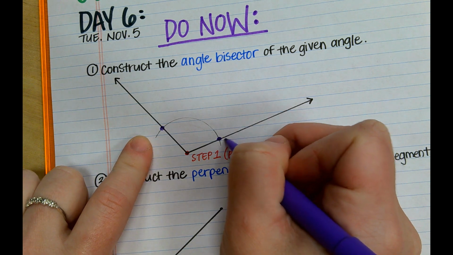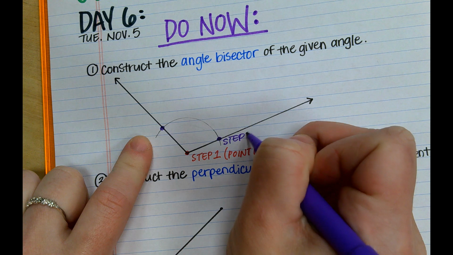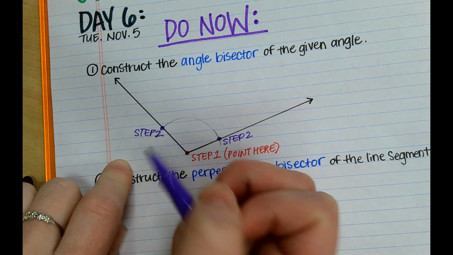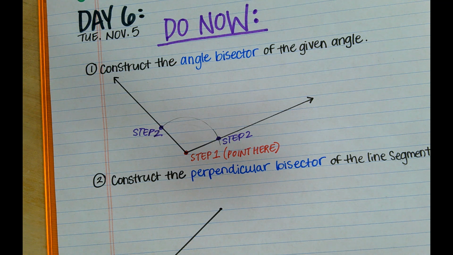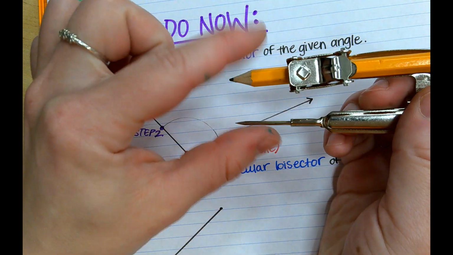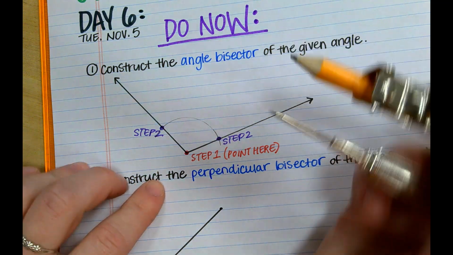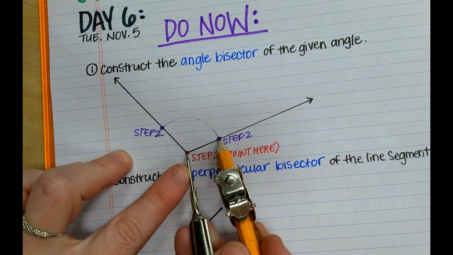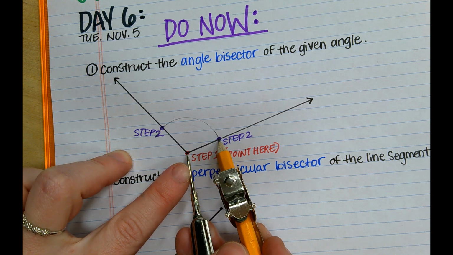So step two could be either one. We're going to keep our compass open at the same width as for that first arc. To make sure, we just measure from point to point.